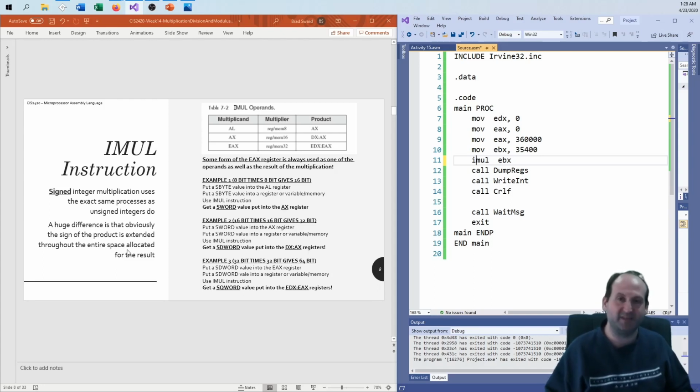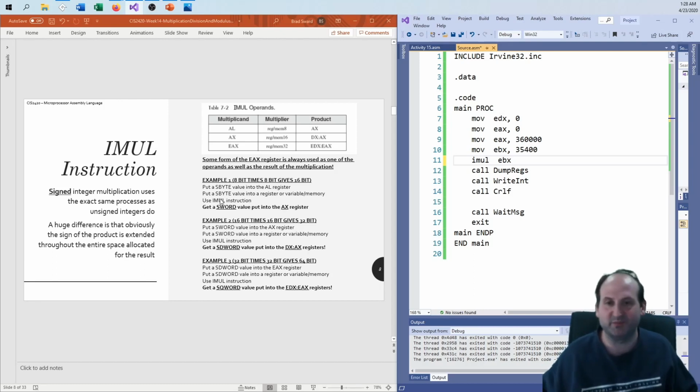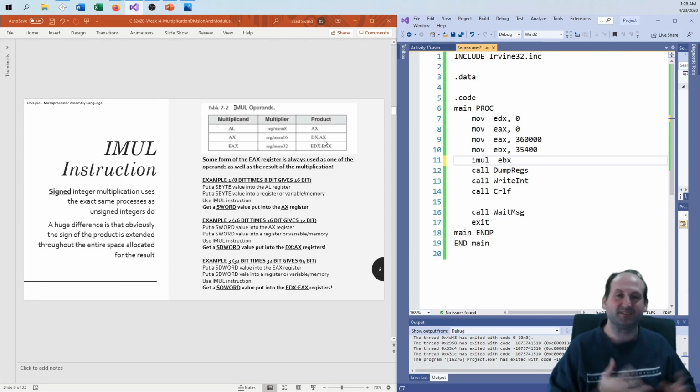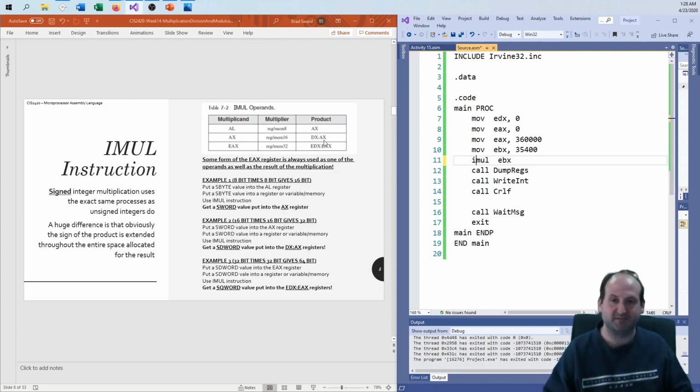Positive by negative or negative by positive should get me a negative result. And then negative by negative should get me a positive result. So whatever I'm extending out into with my product, it better pass the sign bit along, the 0 or the 1. Because if I forget to do that, then the number isn't going to be in the correct negative or positive format.